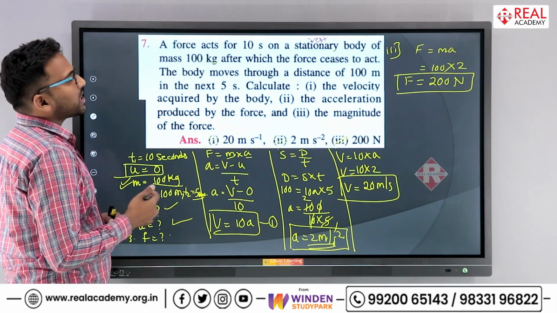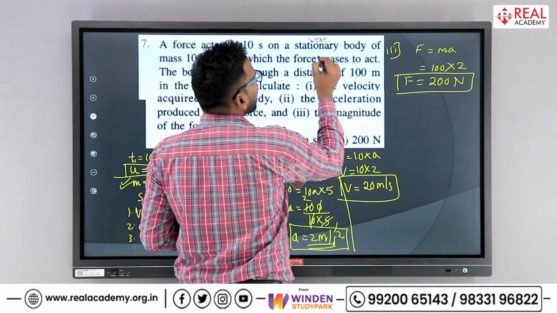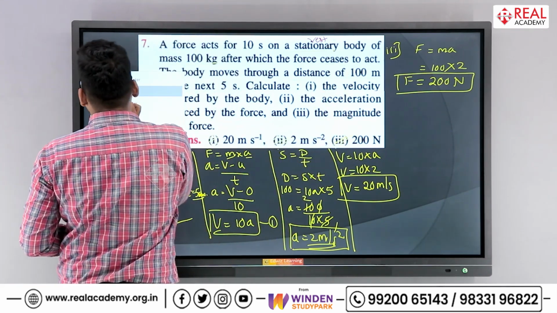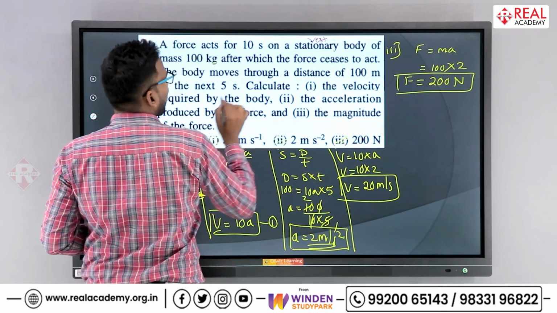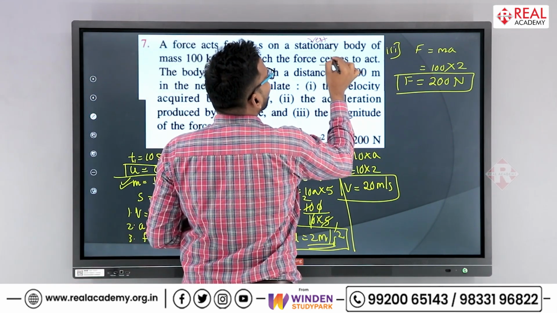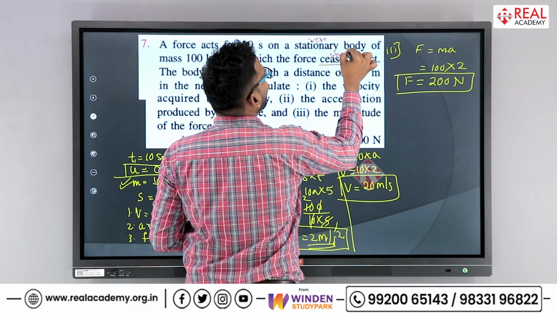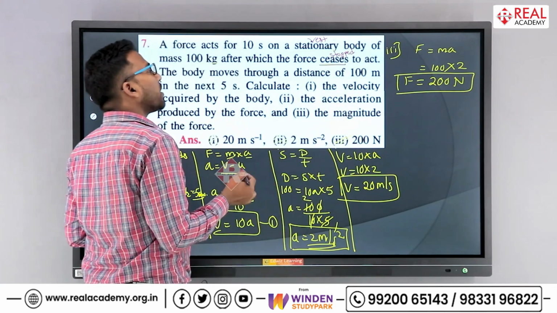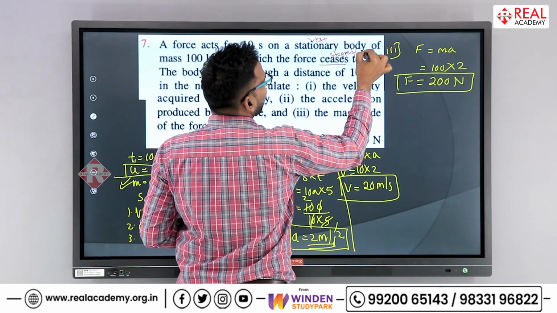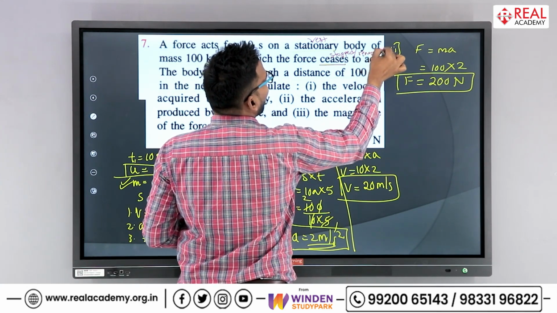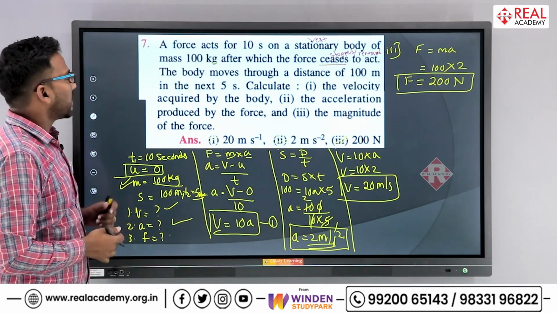After which the force ceases to act. Ceases means it stops. Force has been removed.